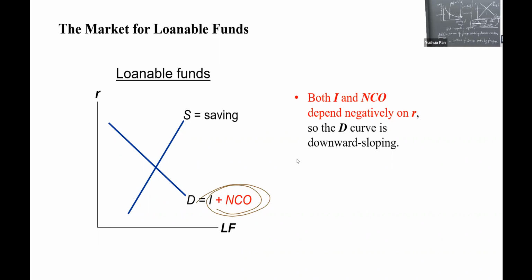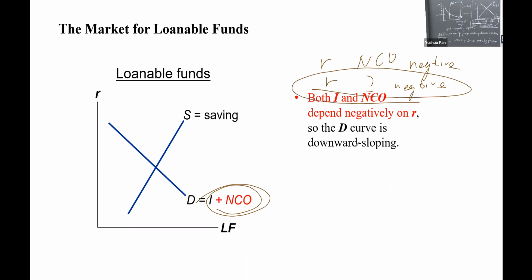In the open market, the demand curve equals I plus NCO. Because in the last slide, we know that the relationship between R and the NCO is negative. And we also know that the relationship between R and I is negative, which is what we learned before, right? Since the demand curve here is I plus NCO, and both are negative in R, the total demand curve will also be negative.